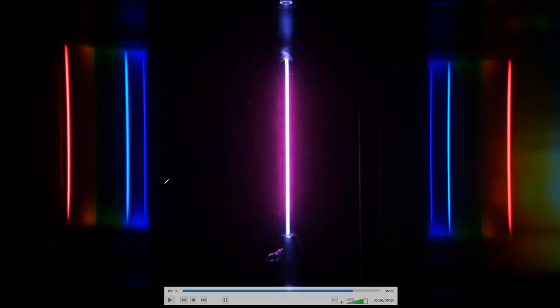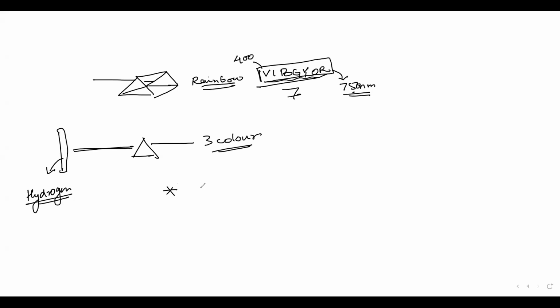Now I can write two points. First point is that white light consists of seven colors, that means all the visible colors.